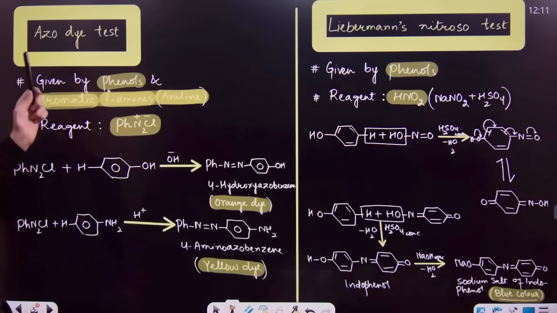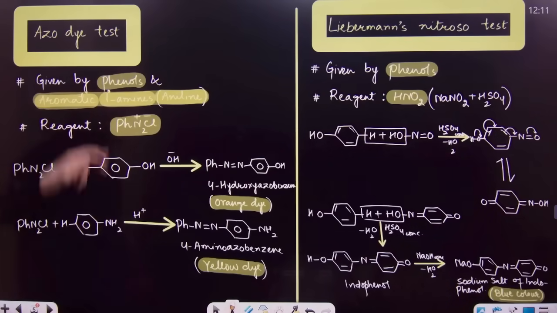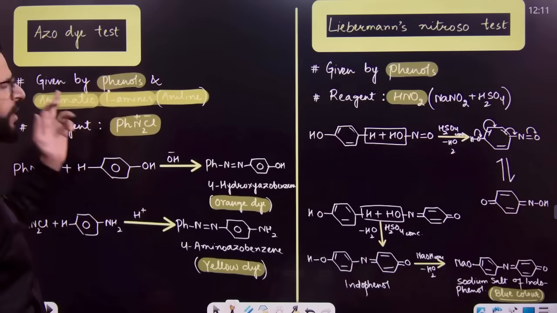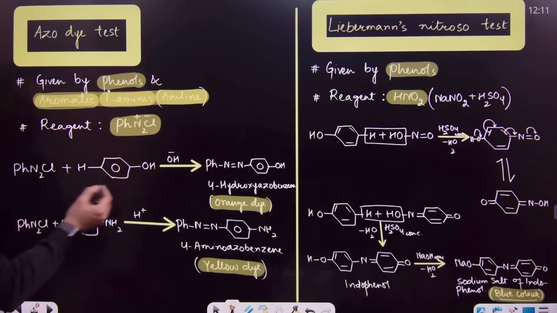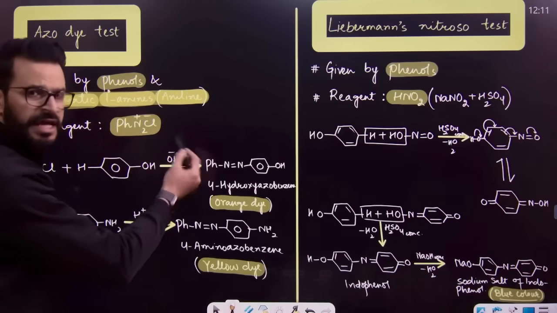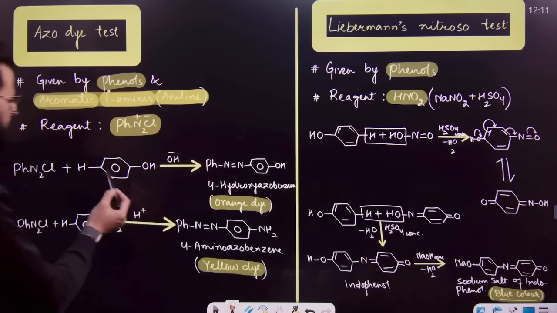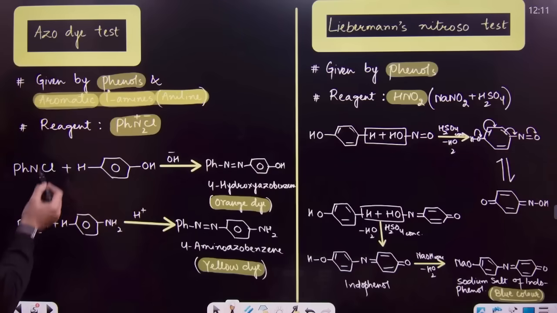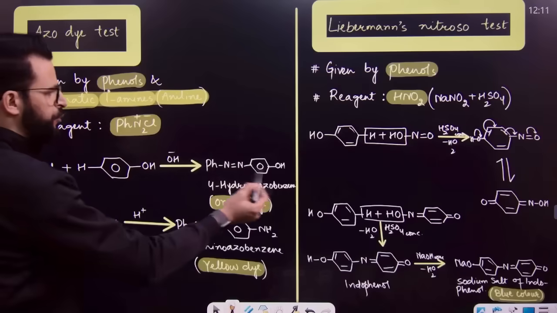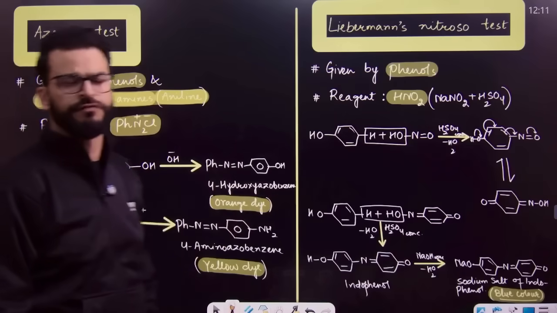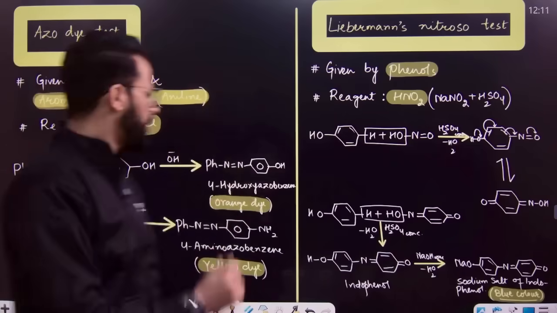After that, we have another test known as the Iodoform test. This is given by either phenols or aromatic amines, for example, aniline. The reagent used here is benzene diazonium salt, for example, benzene diazonium chloride. When benzene diazonium chloride is treated with phenol, the reaction takes place in basic medium. That means in basic medium, a coupling reaction takes place, and the benzene diazonium group is coupled at the para position of phenol, resulting in the formation of 4-hydroxyazobenzene, known as an orange dye.